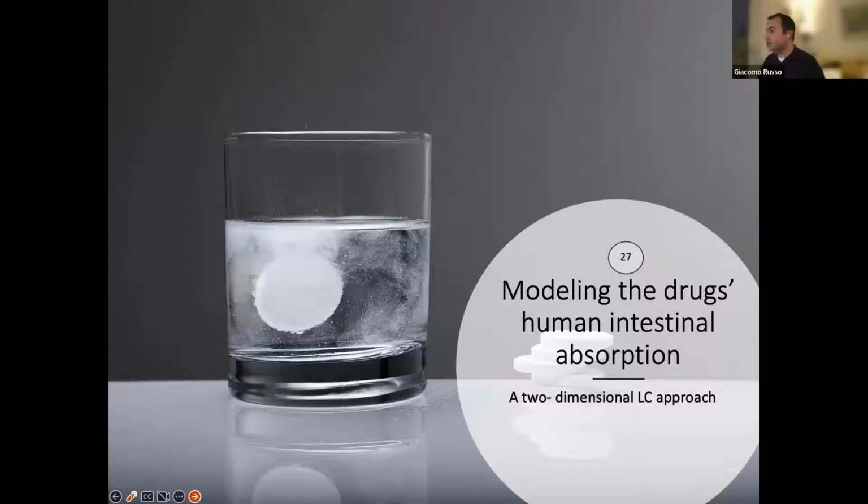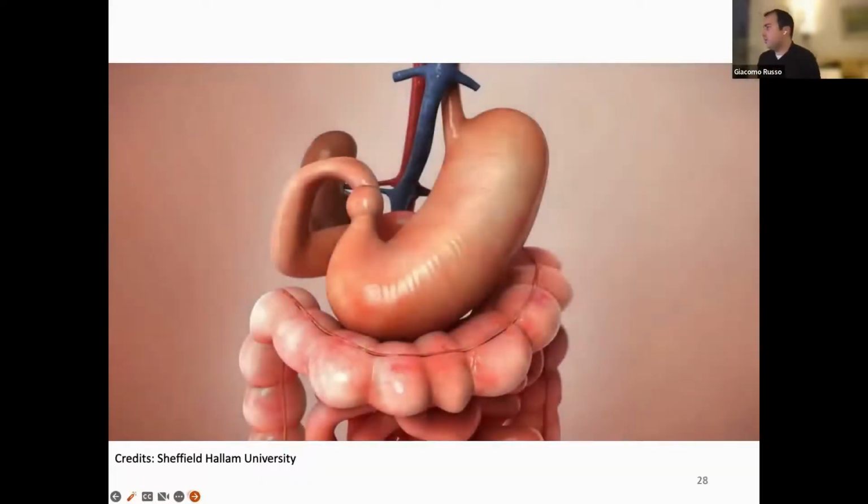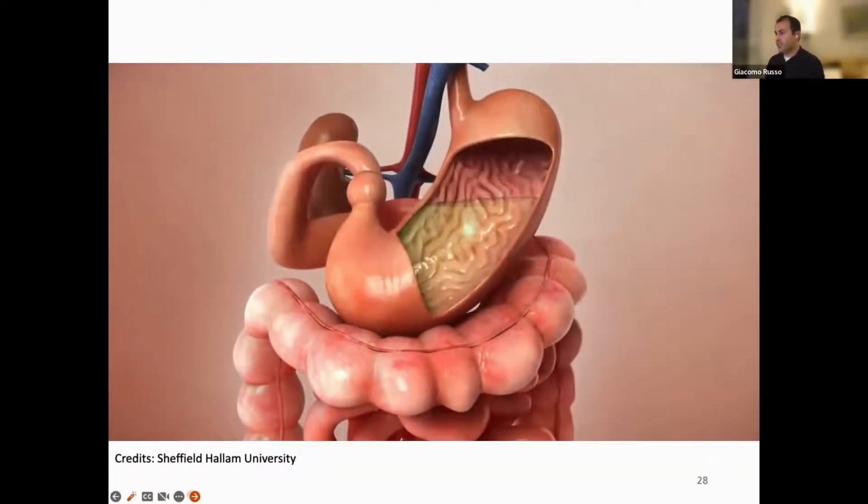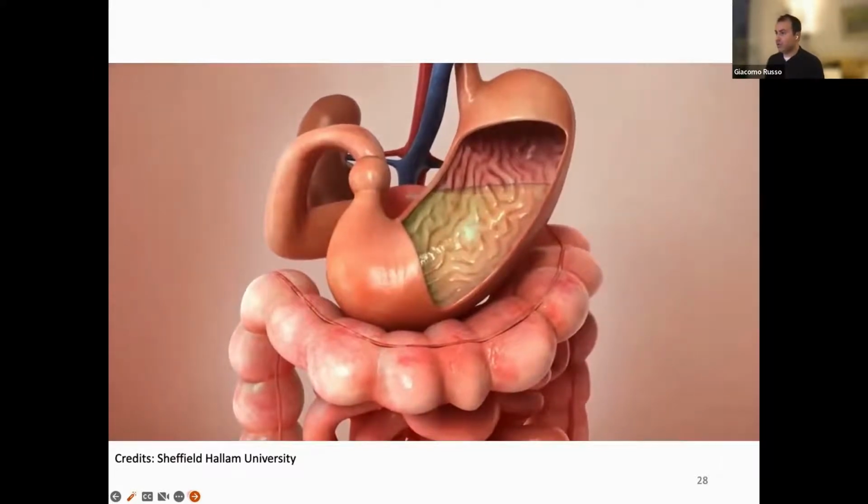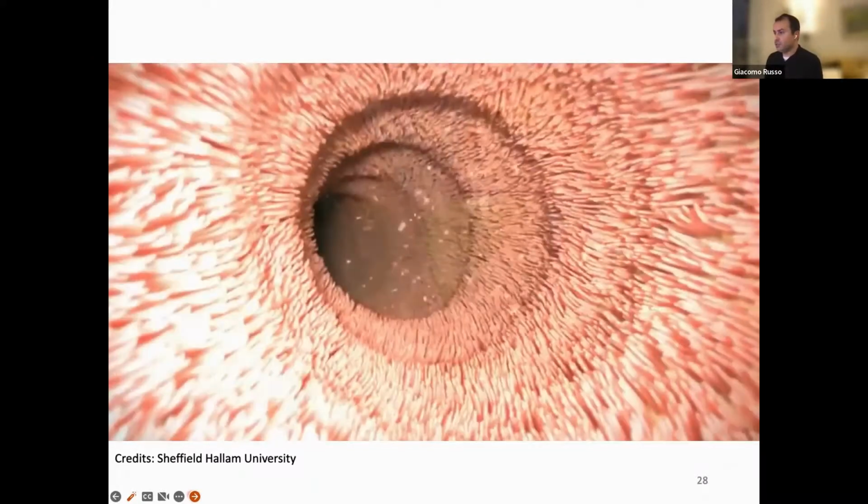We wanted then to use essentially biomimetic liquid chromatography to study the human intestinal absorption of drugs. We wanted to use, in this regard, a two-dimensional LC approach. Okay, so we all know what happens when a pharmaceutical dosage form is administered. We have the disaggregation of the unit and then the dissolution.